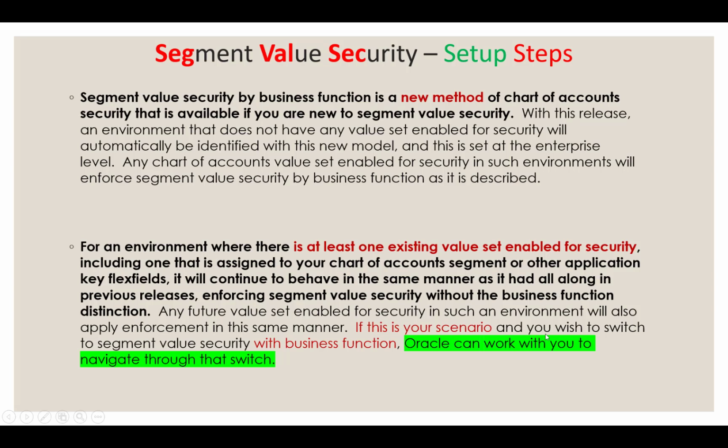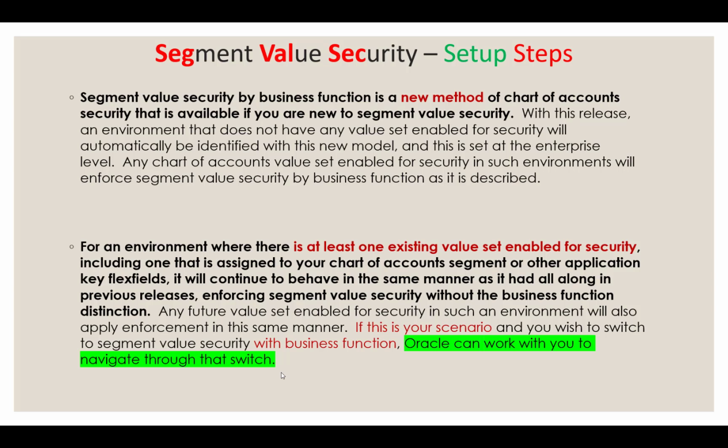In this scenario, if you wish to switch to segment value security with business function, Oracle can work with you to navigate through that switch. Again, this is the very important slide in this video. What is the status of your environment?